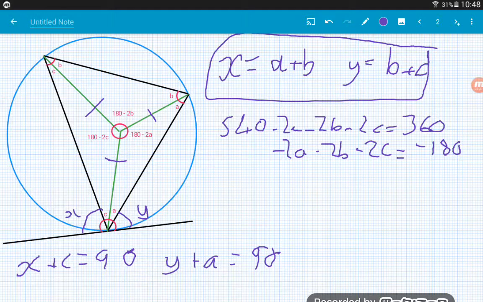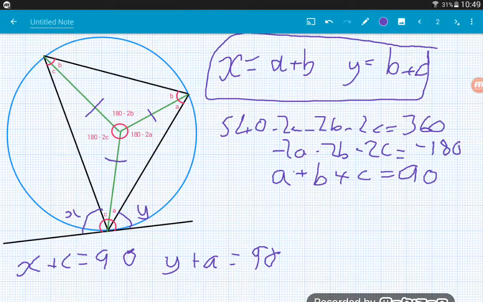So if we divide by minus 2, we'll be left with A plus B plus C is equal to 90. Okay, so we need that equation, and we're going to use that with these two equations down in the bottom left. If we look at the X plus C equals 90 equation, we also know that A plus B plus C is equal to 90.